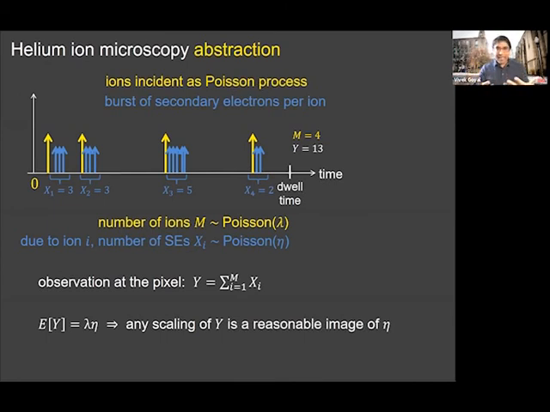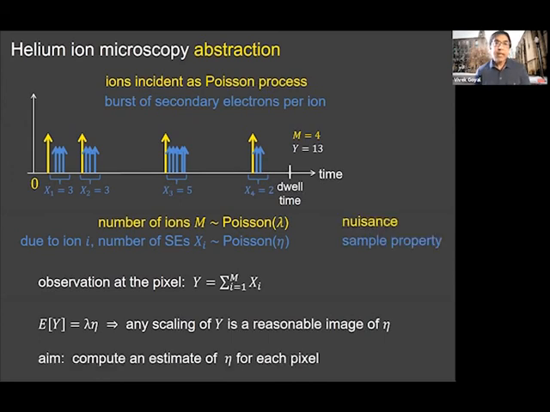And the variation of eta is what we're trying to measure and visualize through this kind of microscopy, the variation of the secondary ion yield. But we don't want to lose sight of the fact that the randomness of the number of incident ions is a nuisance. And if we can reduce the impact of that variation, then we can do better.